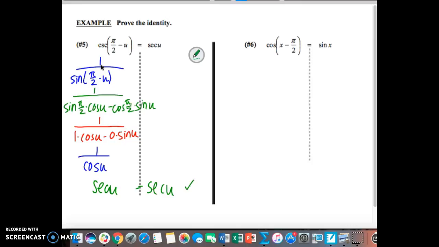For number 6, we have cosine of x minus pi over 2 equals sine of x. So since we're already in cosine, we just need to use the cosine subtraction formula. This looks like cosine of x times cosine of pi over 2, and then we're changing signs, so plus sine of x times sine of pi over 2.